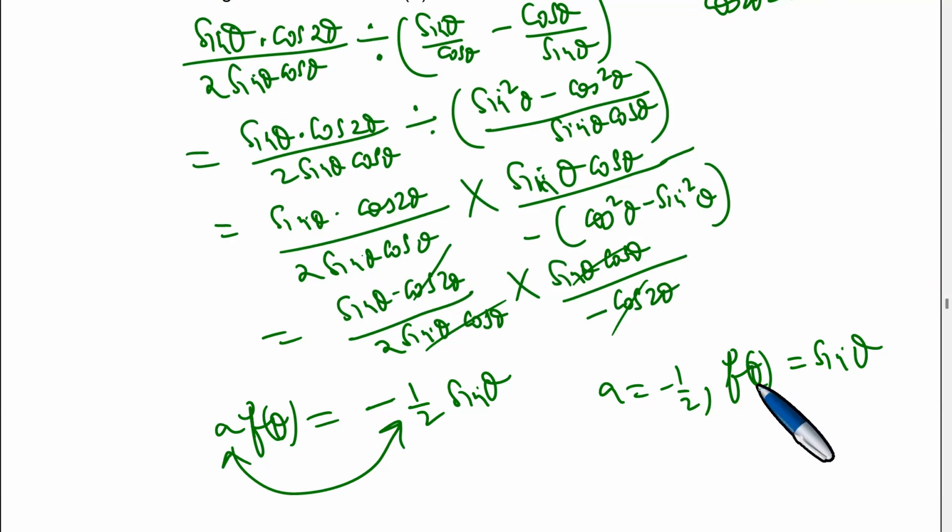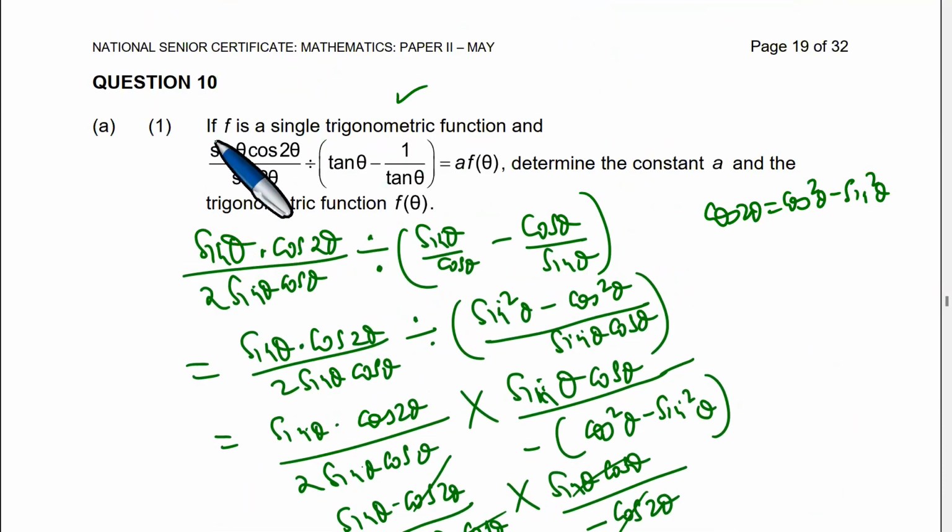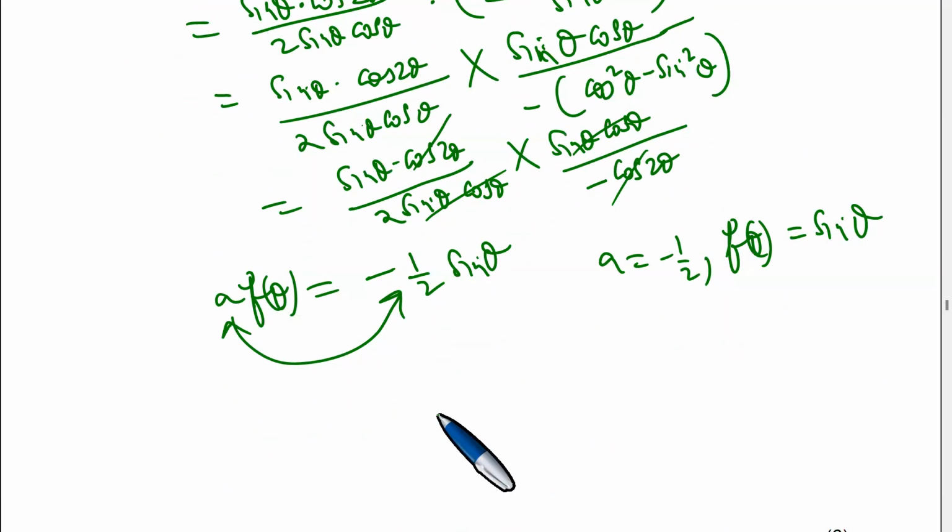How did we get f of theta equals sine theta? Yes, sir. All right, we got it from the given information. What is the examiner saying? F is a single trigonometric function, and determine the constant A. So we must find the constant A and the trigonometric function f of theta. After we got to this point, it is clear that we have to use the fact that f is a single function of theta, and A times f of theta.